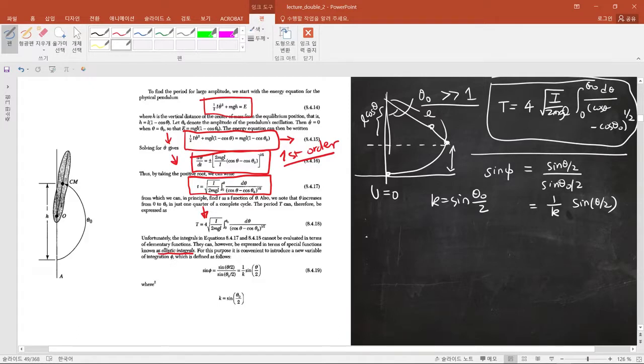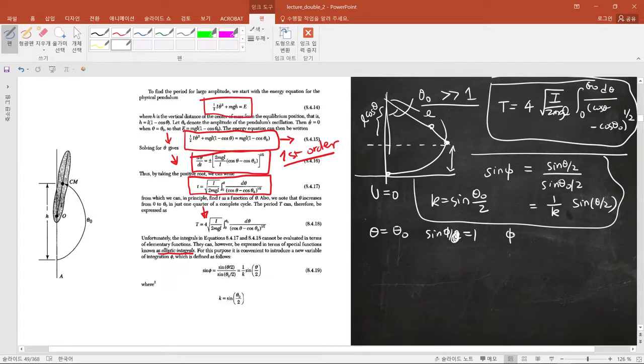Here the boundary condition is when theta is equal to theta 0. Just pay attention to this expression. When theta is equal to theta 0, sine phi should be 1. Not phi over 2, just sine phi.